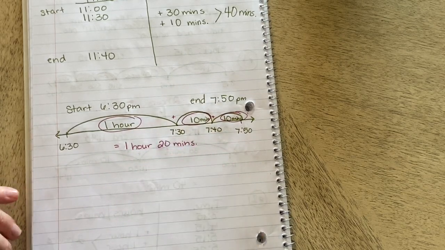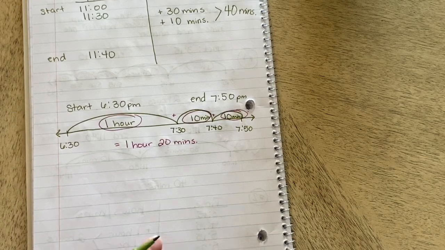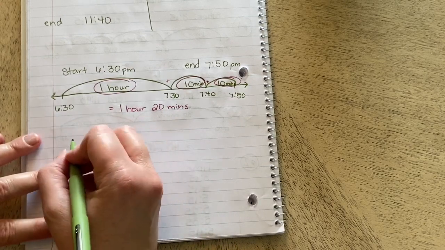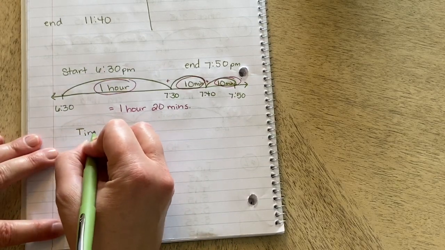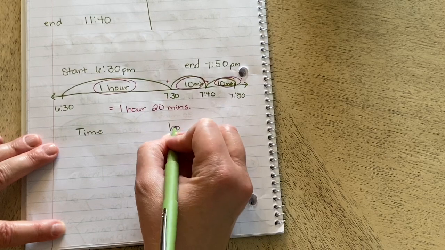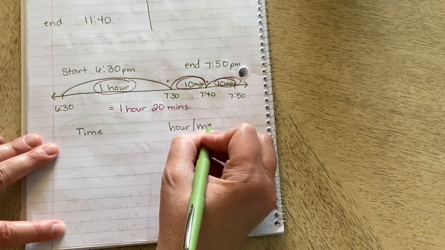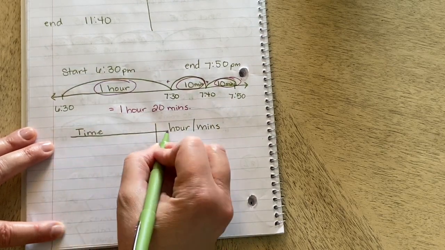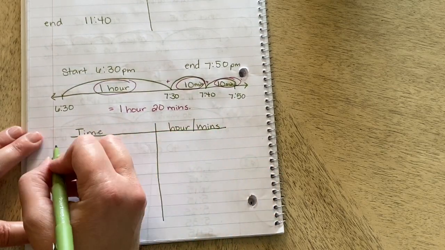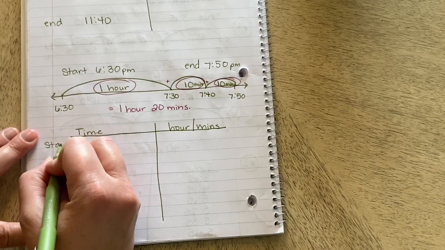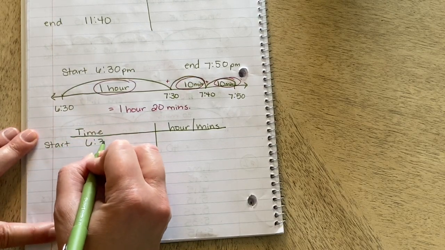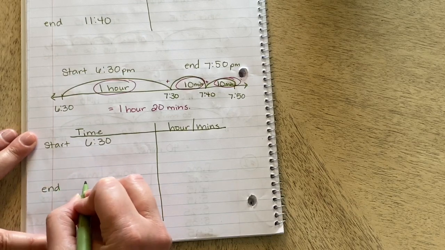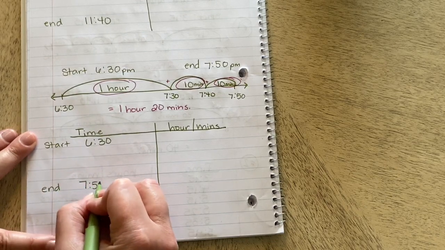And to do this on the T-chart, time, hour, minutes, we want our start time here, 6:30, and our end time here, 7:50.